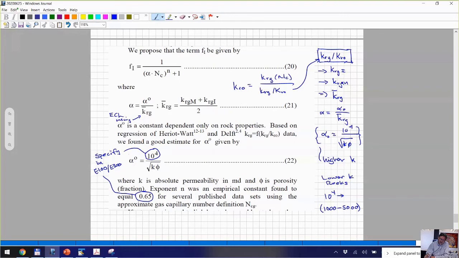And those would give a different alpha O, which would give a different alpha, because the KRO average would be different. So that would give you a different F of I for each phase.